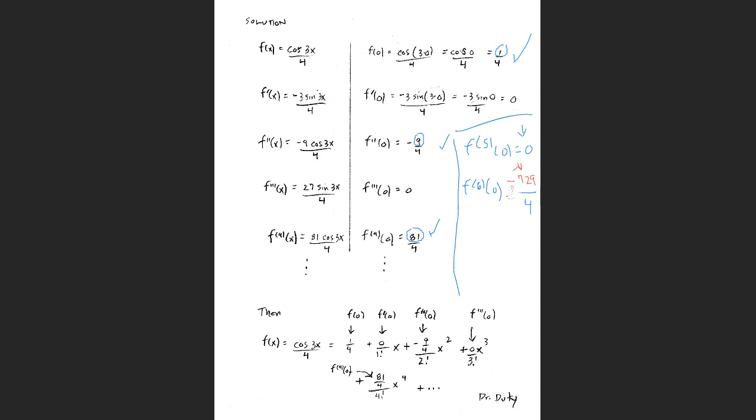Put the equals there. So you see, we notice that 1, 9, 81, in these non-zero terms, there's a 9 that's in common. Well, 1 can be thought of as 9 to the 0th power. 9 is like 9 to the first power. 81 is 9 to the second power. 729 is 9 to the third power.